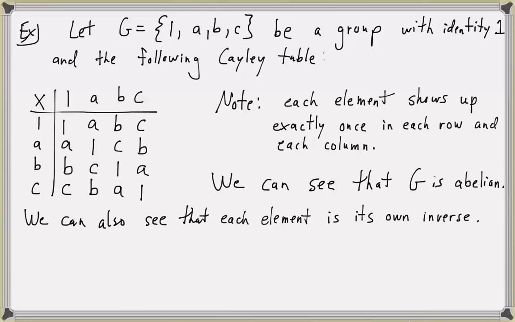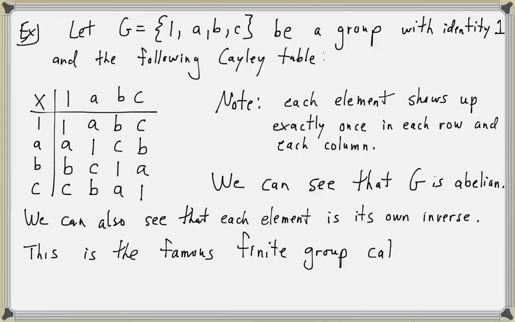This is actually a very famous group with 4 elements. It was named by Felix Klein as the 4 group, so we call this the Klein 4 group. So this is the famous finite group called the Klein 4 group.